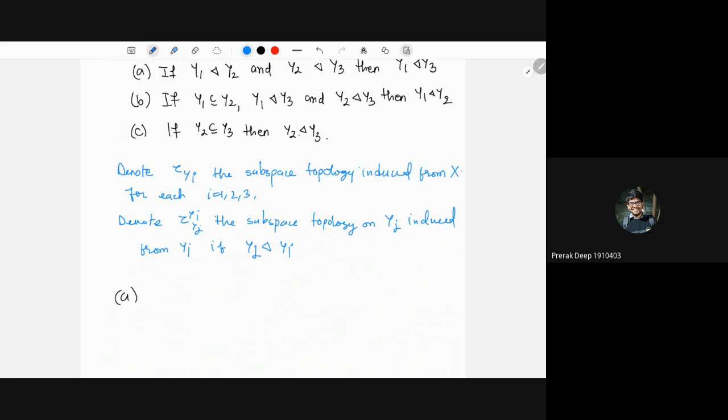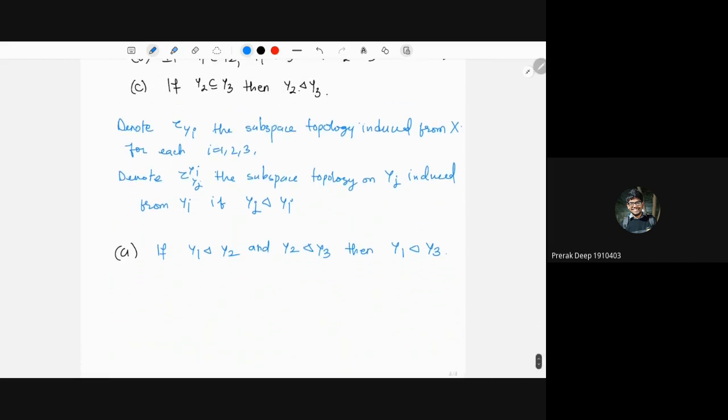So statement A says, if Y1 ◁ Y2 and Y2 ◁ Y3, then Y1 ◁ Y3. So what does this mean? We know that Y1 has the subspace topology induced from Y2.